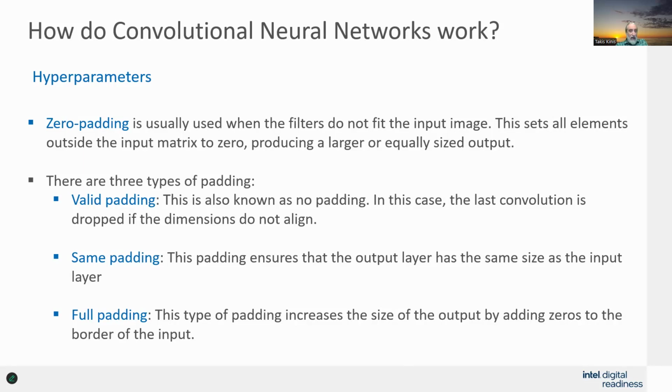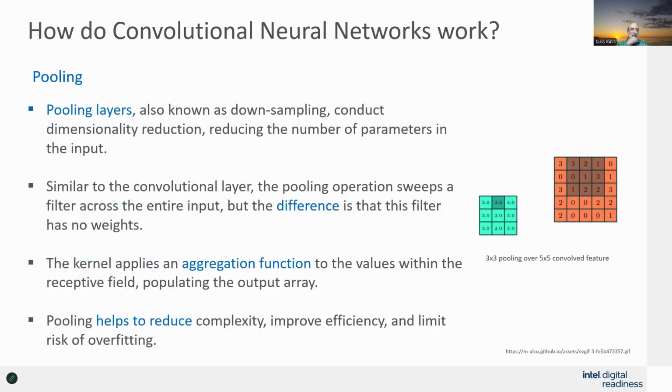The valid padding is also no padding, so we aren't really using it. The last convolution is dropped if dimensions do not align. And it says the same padding ensures that the output layer has the same size as the input. And full padding increases the size of the output by adding zeros to the border. Okay, so all different techniques used for different reasons.